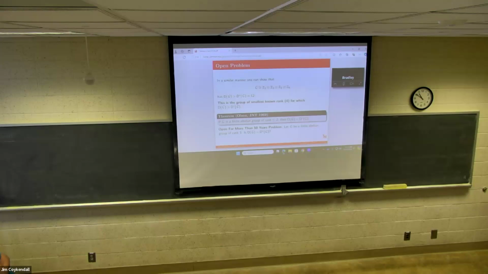It's not known. It's open. And you can find paper after paper after paper where people take a group of rank 3 and argue that if it looks a certain way, then D of G equals D of G star. But the problem's open. It's not been solved.